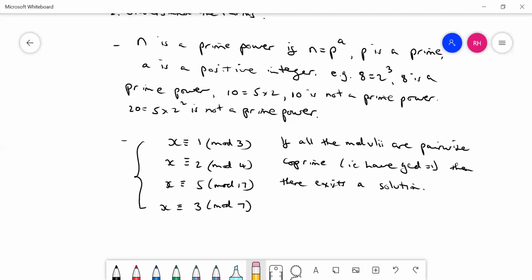So here, the GCD of 3 and 4 equals 1. The GCD of every pair has to equal 1. And I suppose the last one, if we were following this pattern, we would check the GCD of 17 and 7 equals 1. So in this case, we can use the Chinese remainder theorem to get a solution.